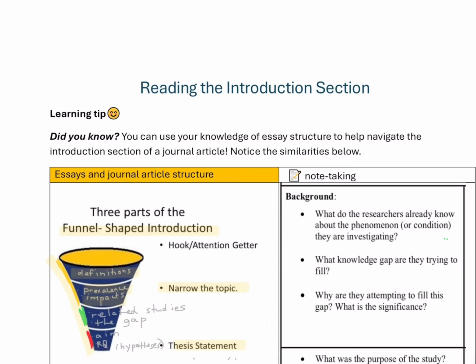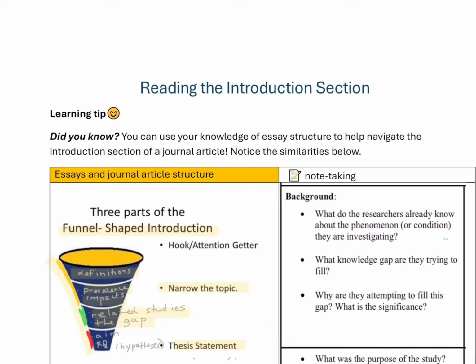Then, becoming more narrow, the researchers will begin to talk about studies that are related to their own study's research question. So they'll give background information on related studies, what other experts with the same specialty have to say, and then they'll identify the gap, meaning a contradiction in the research or limited research on a particular question.